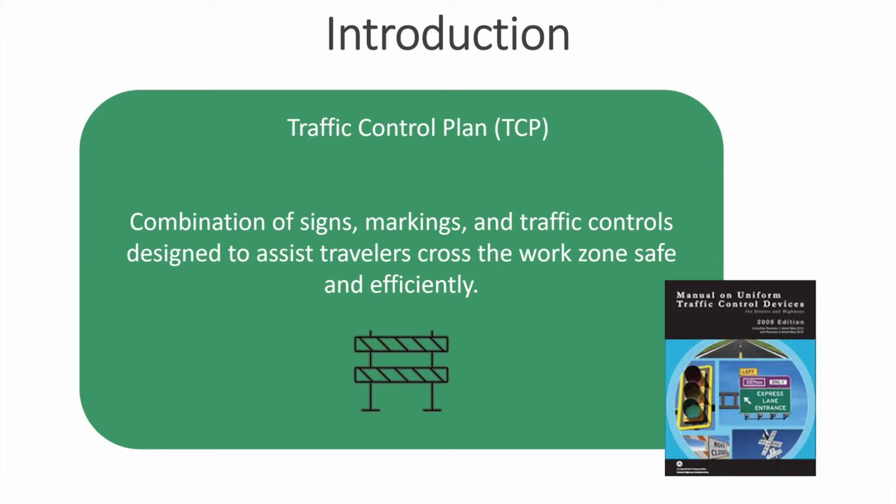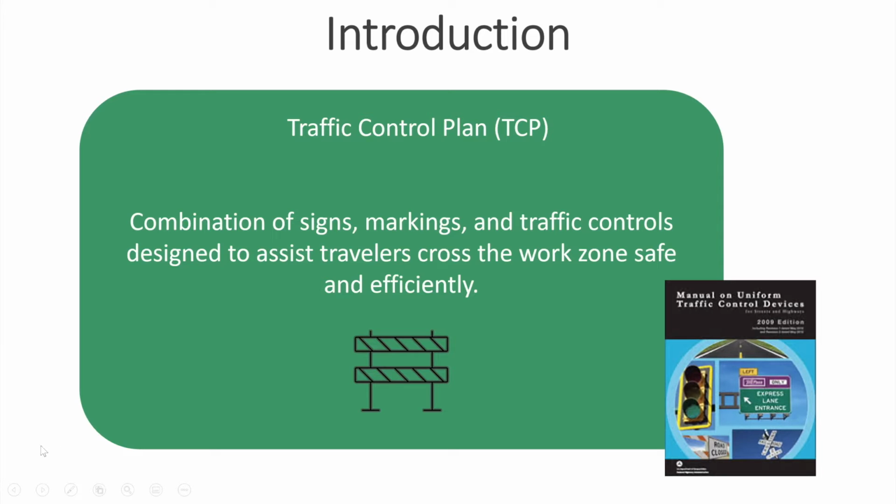So, as you know, traffic control plans are a combination of signs, markings, and traffic controls, which are designed to assist travelers cross the work zone safely and efficiently. So our goal in this research was to look at a work zone and analyze it.